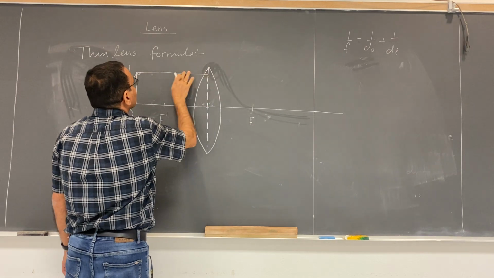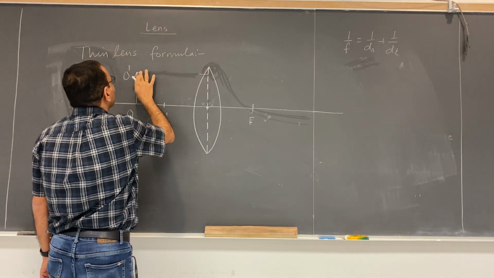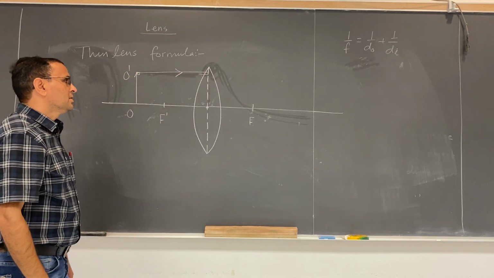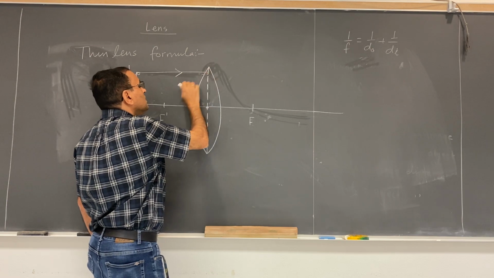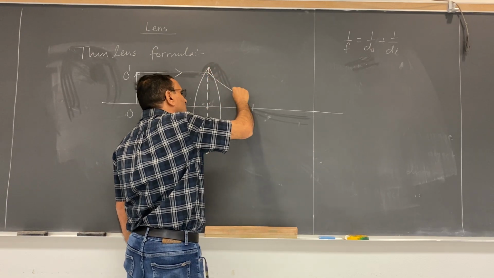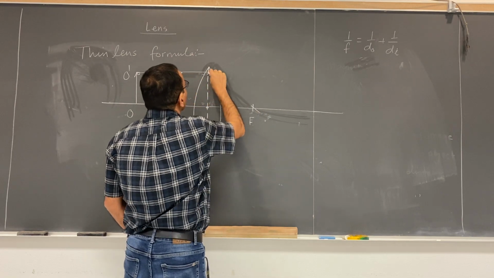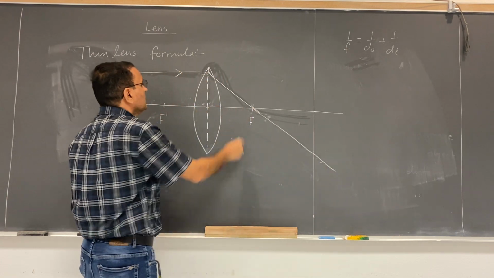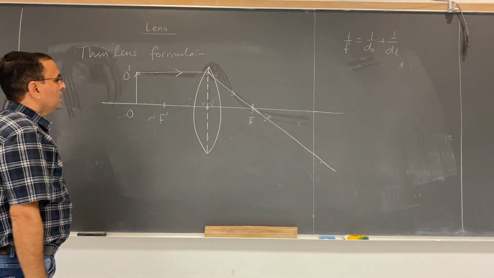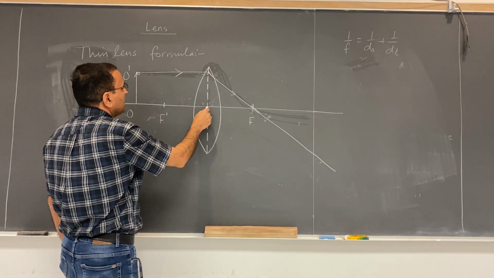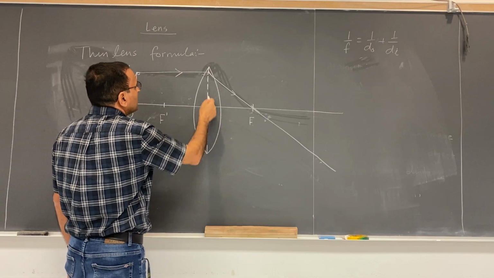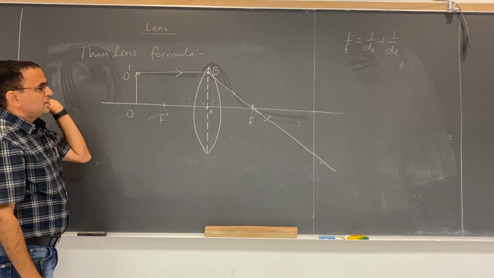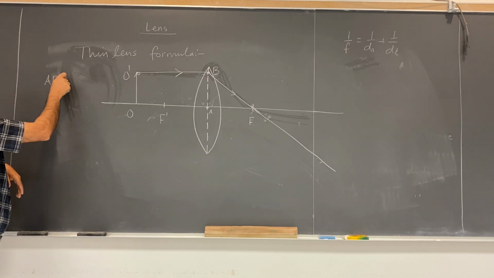Okay, so the ray diagram is this. Draw a straight line, because light always propagates in a straight line. This ray is parallel to the principal axis, so after passing through the lens, it passes through the focal point like this. Another ray you can take from the center of the lens. Let me call this A and this B. AB is equal to O prime here.